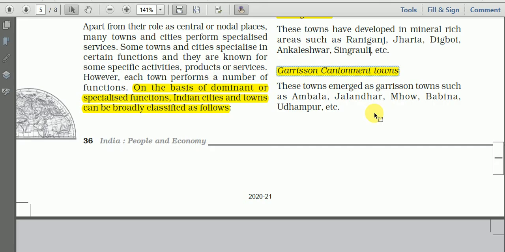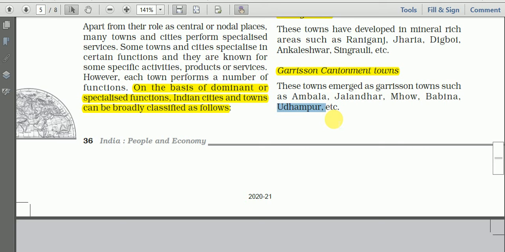Fortified is derived from the word fort, strengthened by forts. And we have examples of garrison towns: Ambala, Jalandhar, then Mhow, Babina, Udhampur.